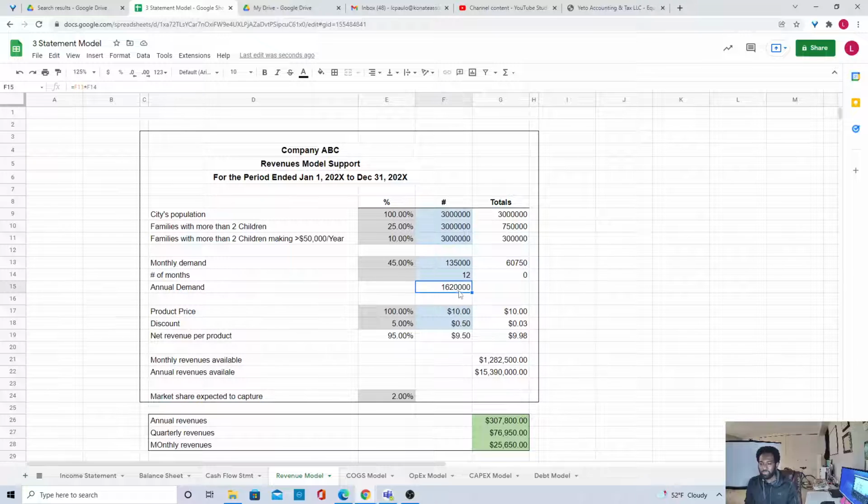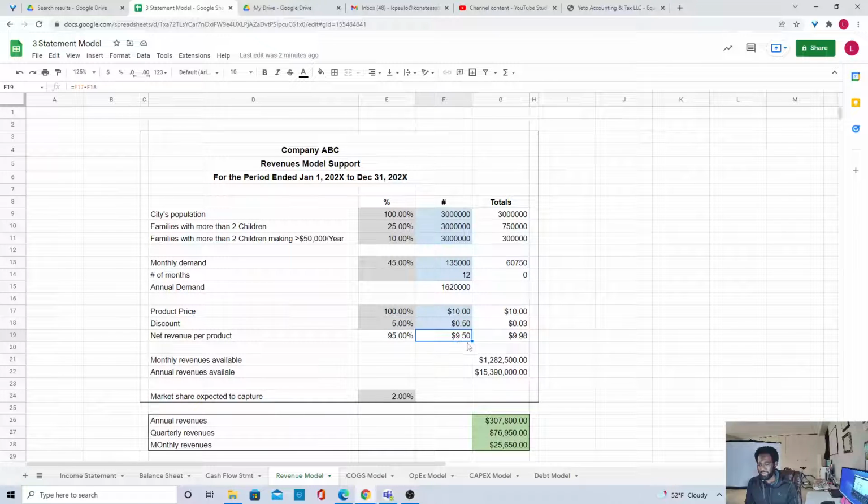So the annual demand that I'm seeing is about 1.6 million toys a year in the entire city that I am projecting. Toys break, people replace, buy new toys, and so forth. And I'm projecting that across the industry, the average price of the product is going to be $10, and each product may receive a discount of 5%.